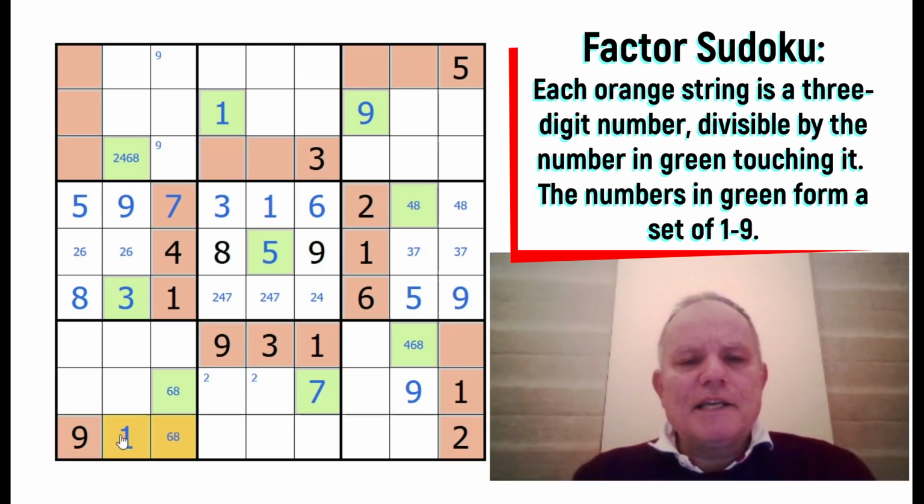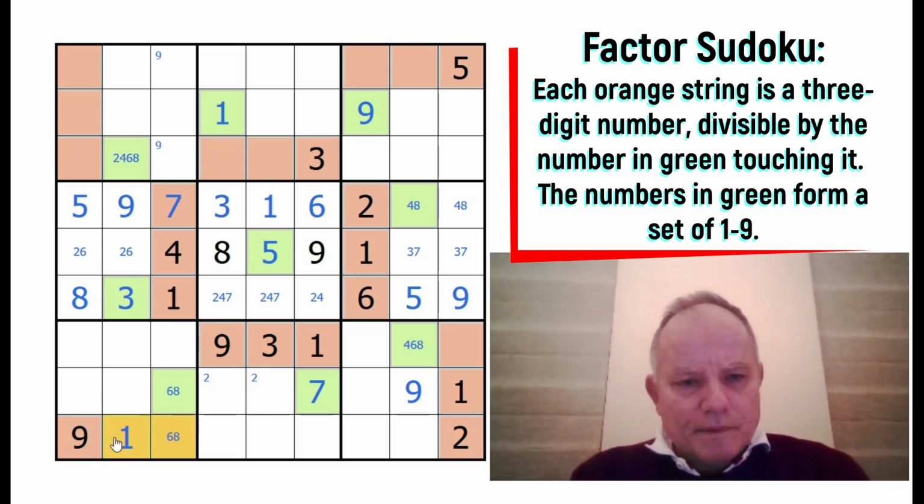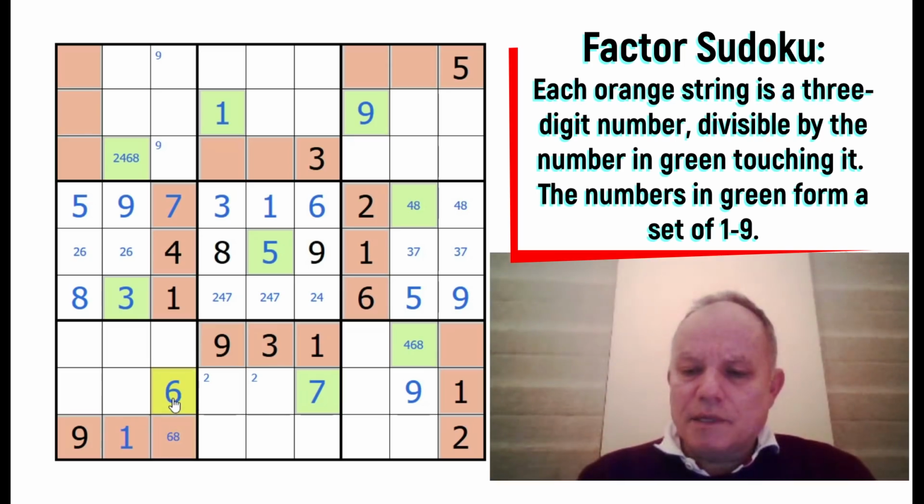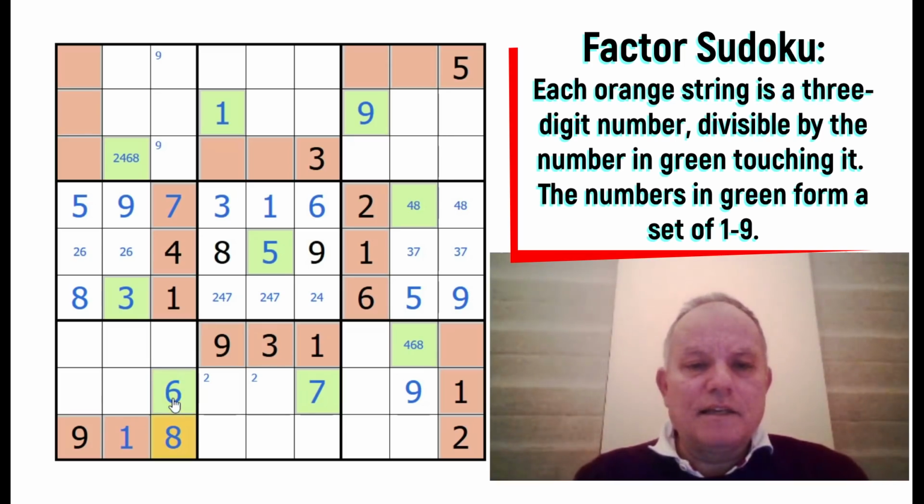I know that 8 divides into even numbers of hundreds, 200, 400, 600, but 8 does not divide into odd numbers of 100, 100, 300, 500, etc. So here, 900, you'd need another 4 more to divide by 8, 904, then another 8 more, 912, and then another 8 more, 920. So 8 does not go into 916. So 6 must go into 918.